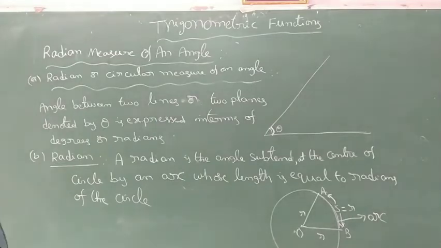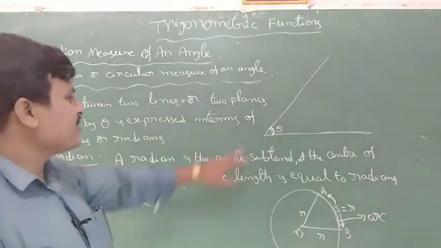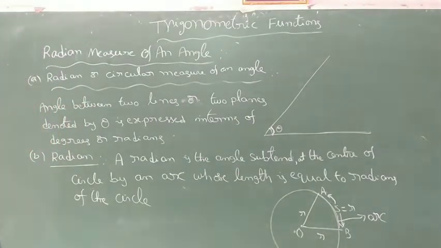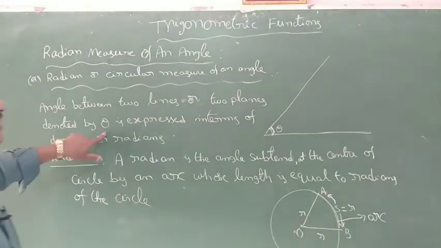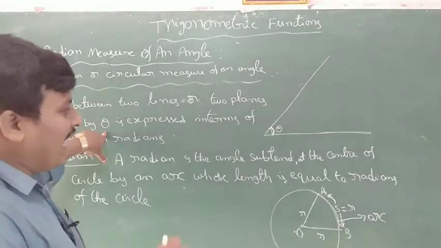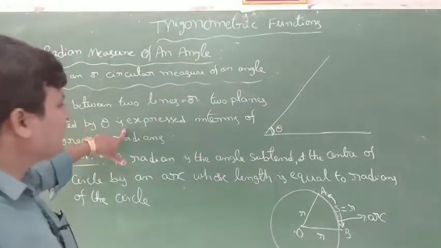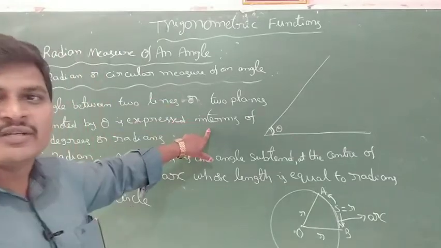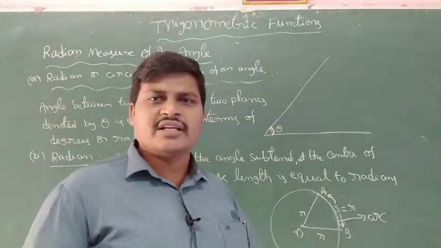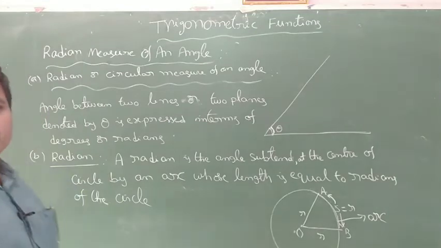So the angle between the two lines or two planes is taken as theta, expressed in terms of radians or degrees. So what is the radian definition?